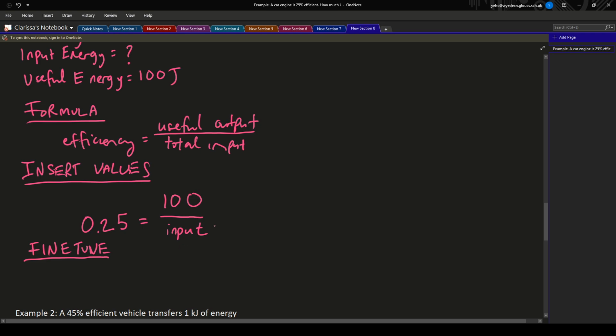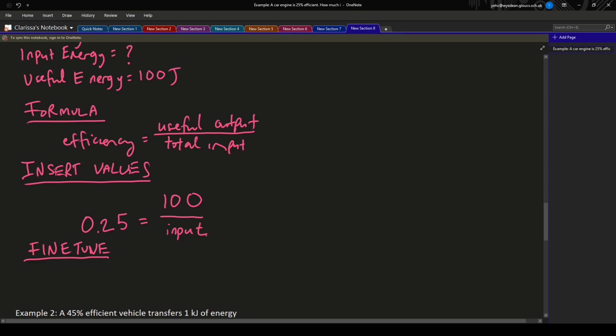Notice that input is at the bottom. Our variable is at the bottom. When you want to solve for a variable that's a denominator, you need to change it from being a denominator and bring it to the top level. You can't have it as a denominator.